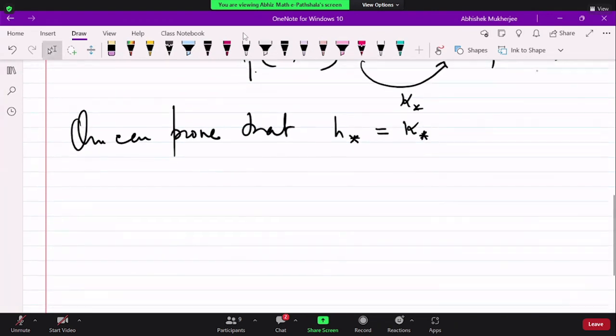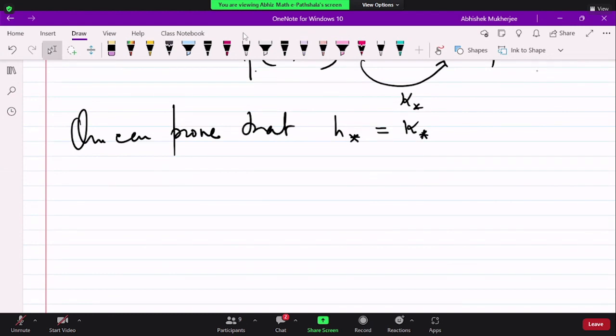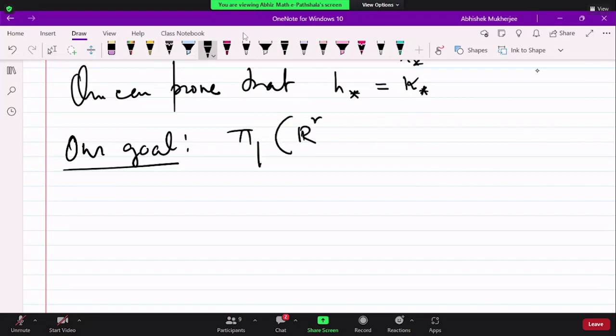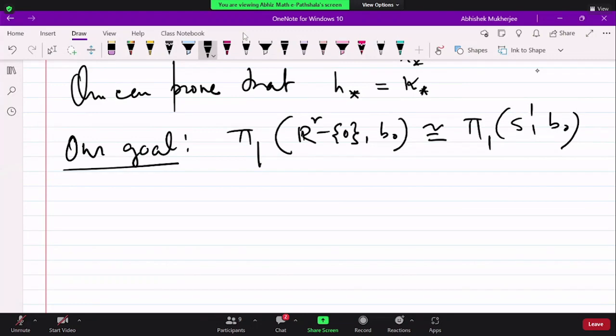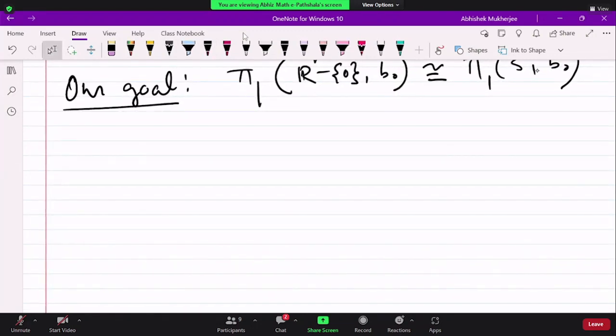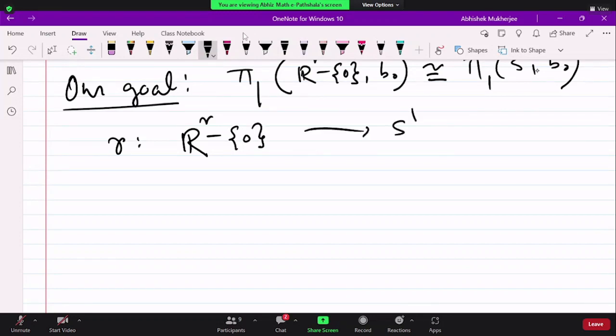Following which, our goal is to determine the fundamental group of the punctured plane, and we are going to show that this is isomorphic to the fundamental group of S1. But how? We have already seen the map, the restriction R from the punctured plane to S1, right?